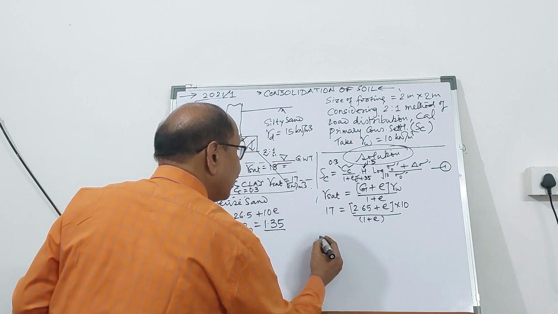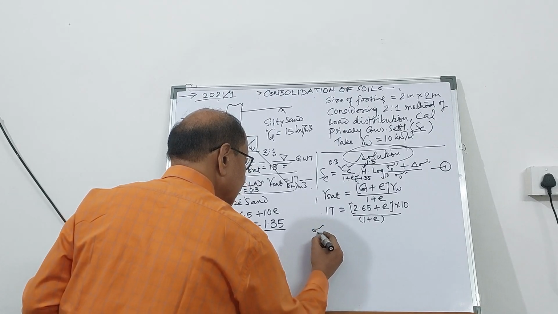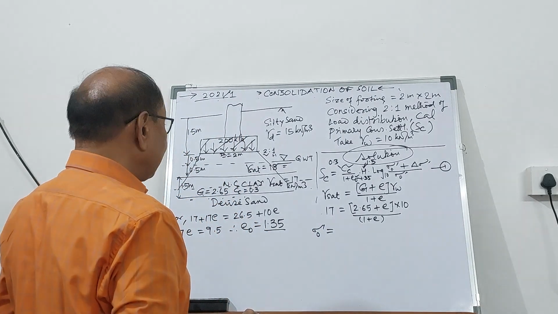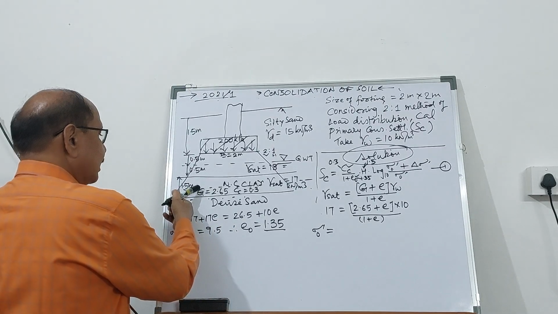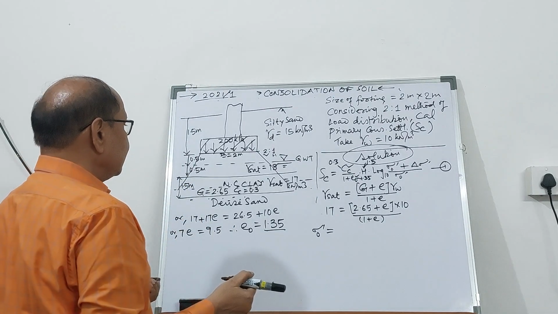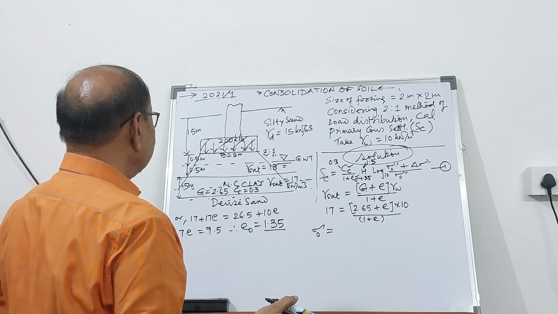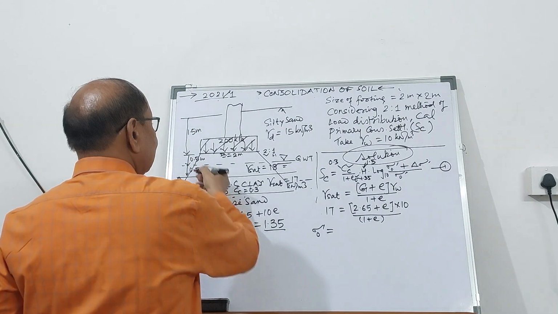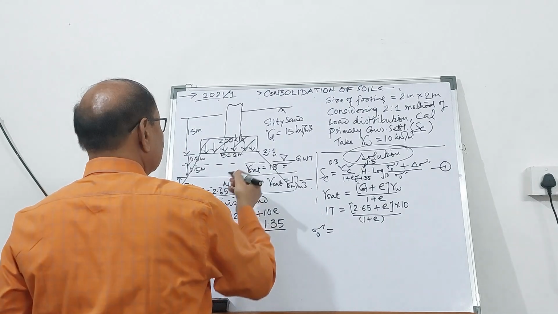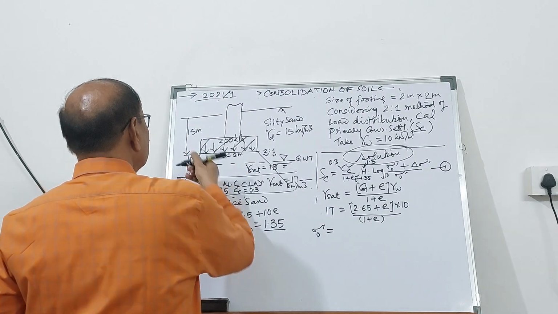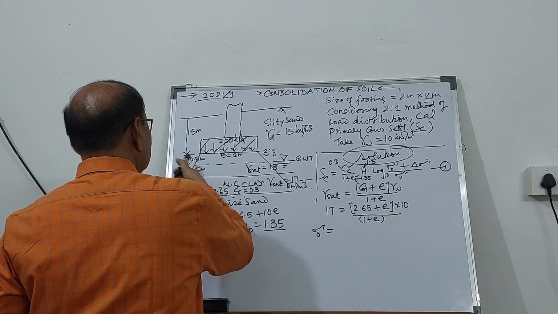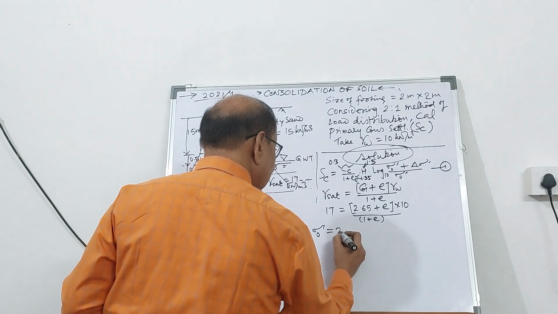Now, sigma naught prime, the effective overburden pressure, where? At the middle of the clay layer. So, how much will it be? Above the water table, what is the distance? That is 1.5 plus 0.5, that is 2 meter.